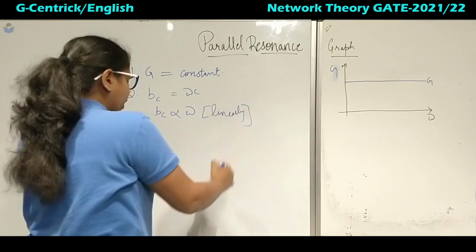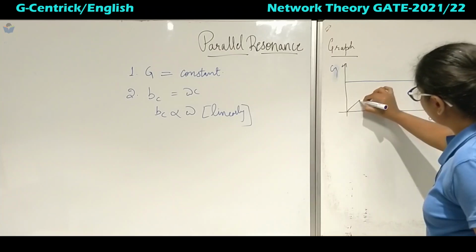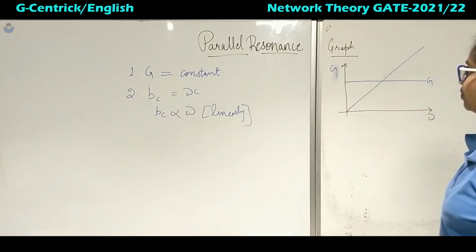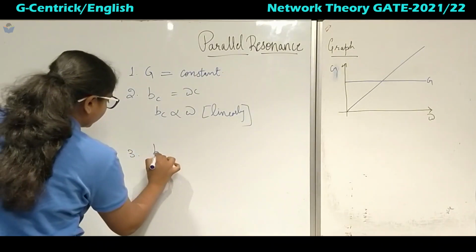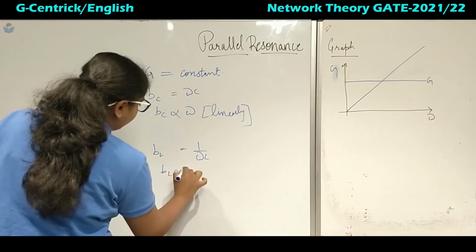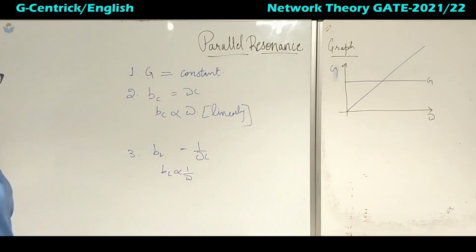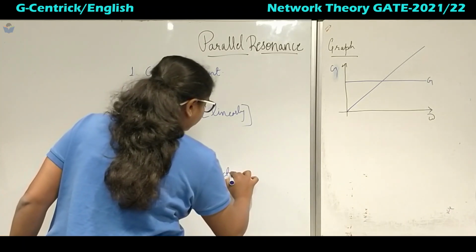So this is varying linearly. I will draw a linear line in this way. Okay, so next, third one, we will take BL, which is 1 over omega L and inversely proportional to omega. So what will be its type of graph?